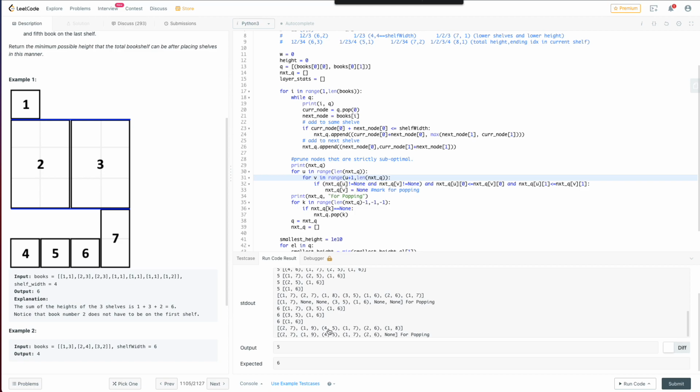So add to this. Oh. I need the max for this level.